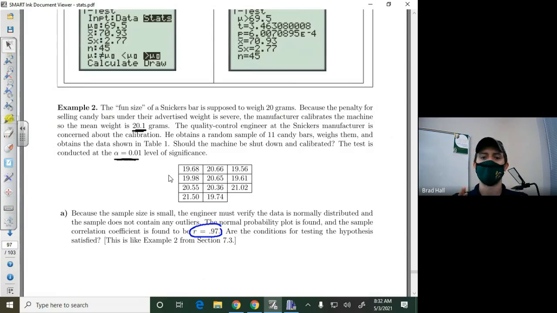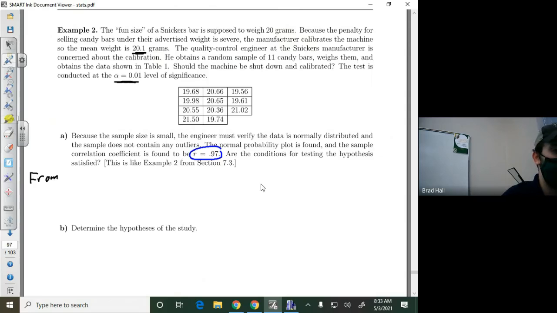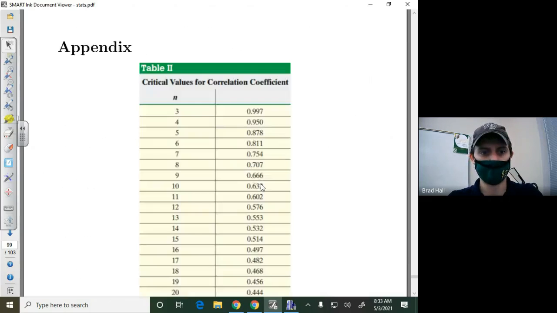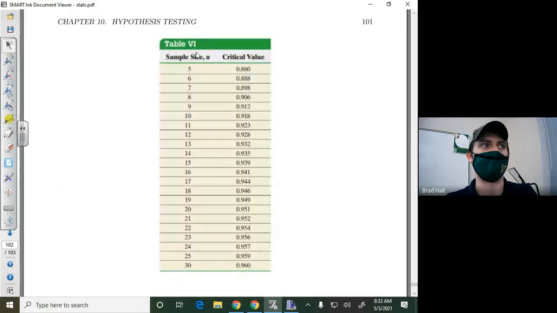And they did the majority of the work, but it's up to us to remember what was at the very end of section 7.3. Once we figured out, so why the correlation coefficient? Why is that so important? So from a table in the back of the notes that we have used before, I think it's table 6 here.